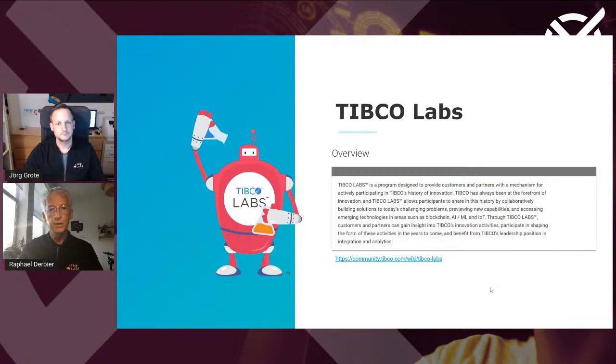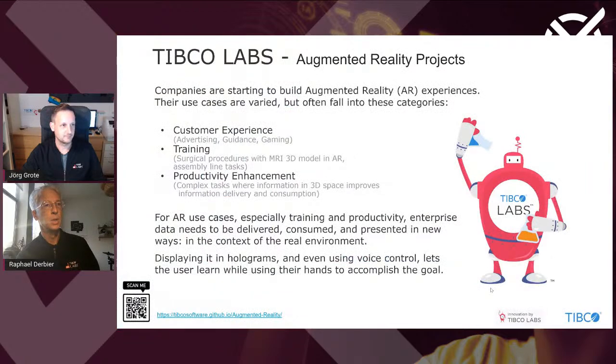To give you an idea, we are addressing graph database, IoT management and machine learning at the edge, at scale, natural language processing, smart contract with the blockchain, and also discovering business process using process mining. And of course, one of those topics is augmented reality for enterprise. Next slide, please, Jörg.